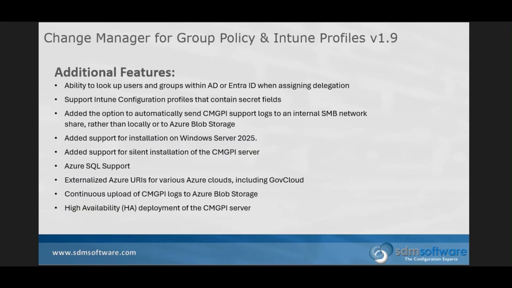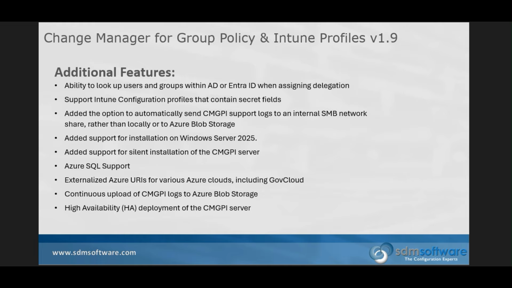Change Manager for Group Policy and Intune version 1.9 also provides additional features: the ability to look up users and groups within AD or Entra ID when assigning a delegation, and support for Intune configuration profiles that contain secret fields. We added the option to automatically send CMGPI support logs to an internal SMB network share rather than locally or to an Azure storage blob.